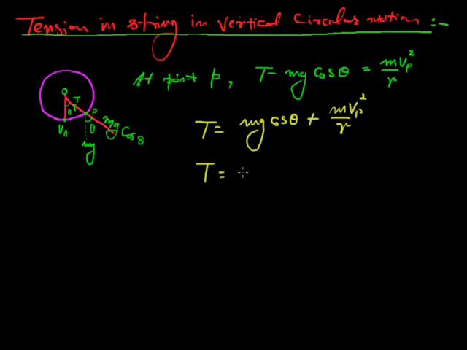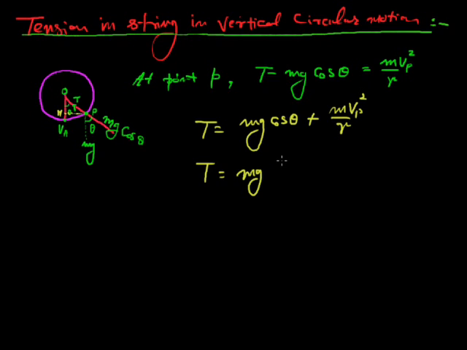T is equal to mg, and this is point N, cos theta from triangle ONP, base upon hypotenuse.